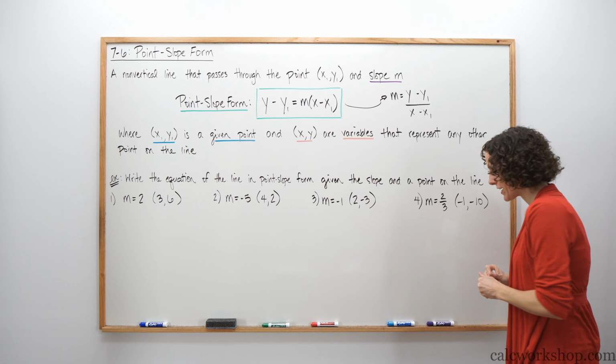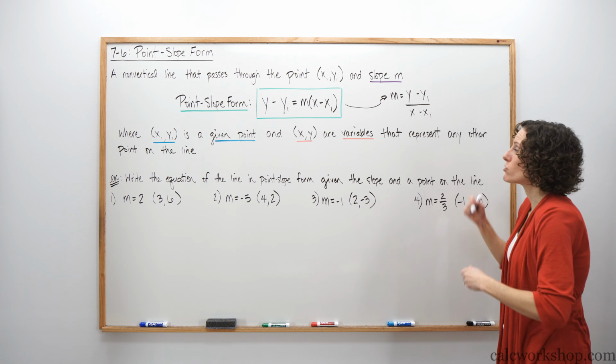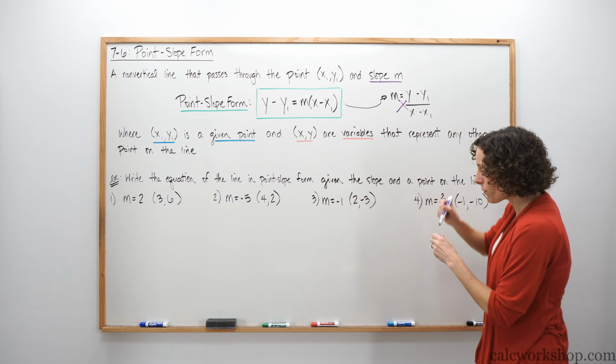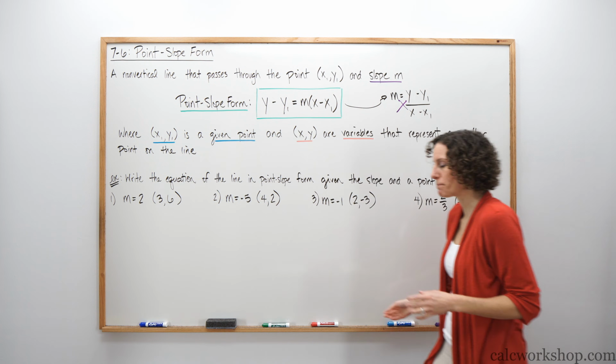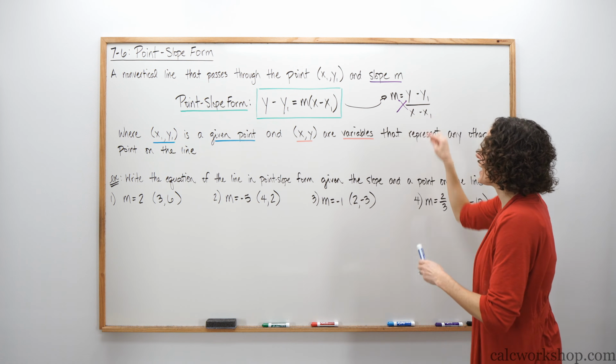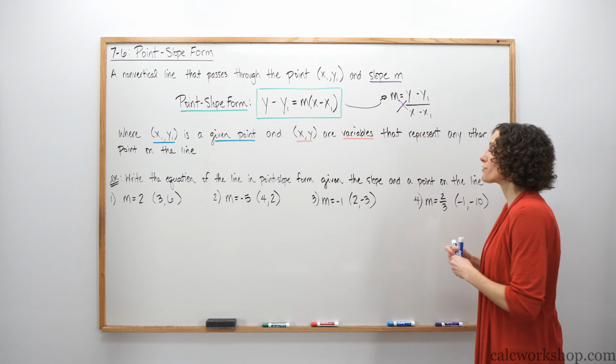And here's what's so neat. I'm now going to cross multiply. If we cross multiply, we are going to move this entire denominator, x minus x1, to the other side.